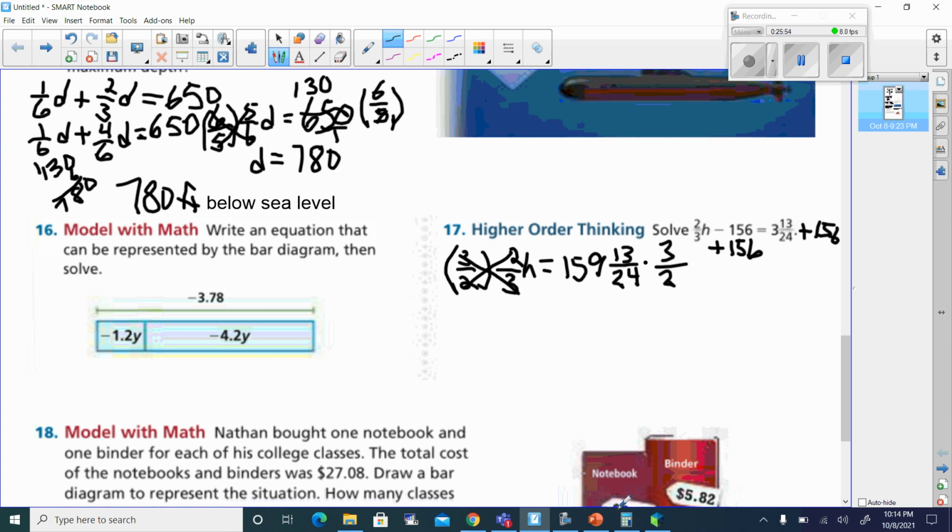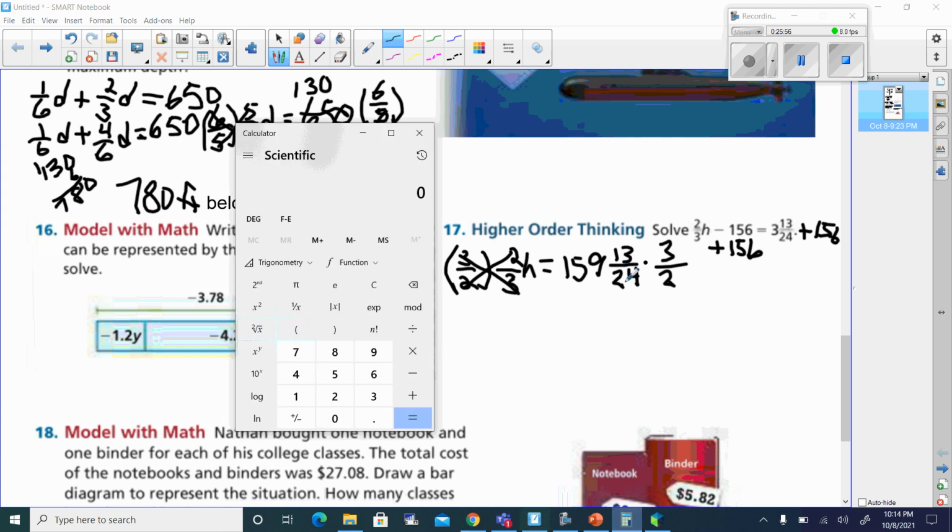I'm going to use my calculator for this one. 24 times 159. That's going to equal 3,816, okay? And then I have to add 13.